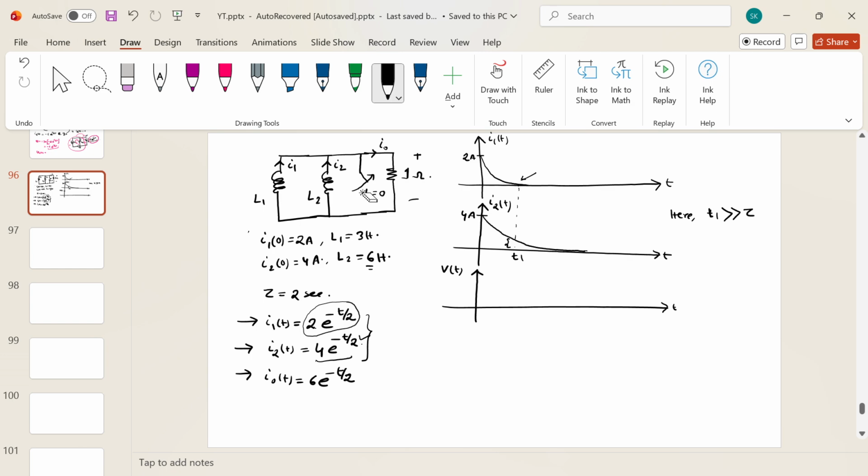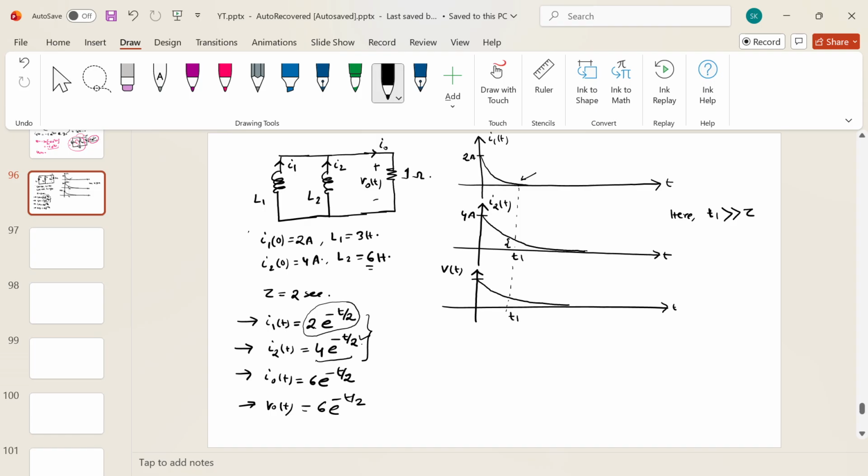The moment you are opening the switch, let's say this voltage is V naught of t, which is nothing but I naught of t into 1, so again it is 6 e to the power minus t by 2. So my voltage equation will look like this. Let's say t1, this is the nature.